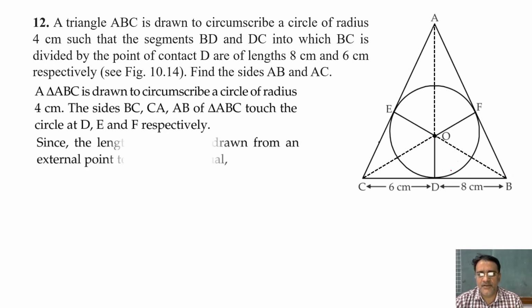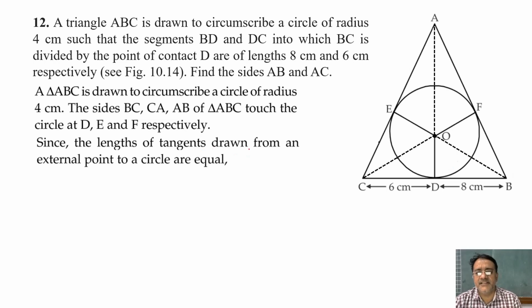Right. Now since the lengths of the tangents drawn from an external point are equal, so these two are equal, so this also becomes 6, and these two are also equal, so this will become 8, and these two are also equal, this one and this one, so we'll take it as x.